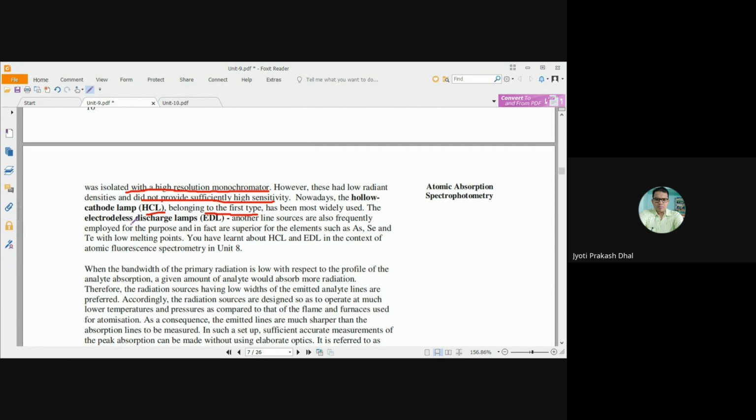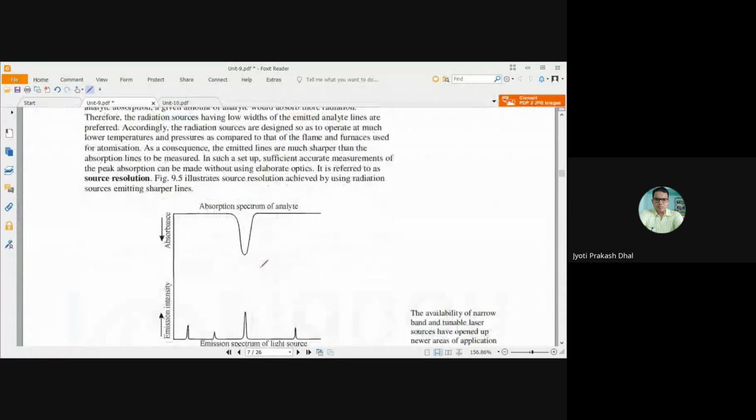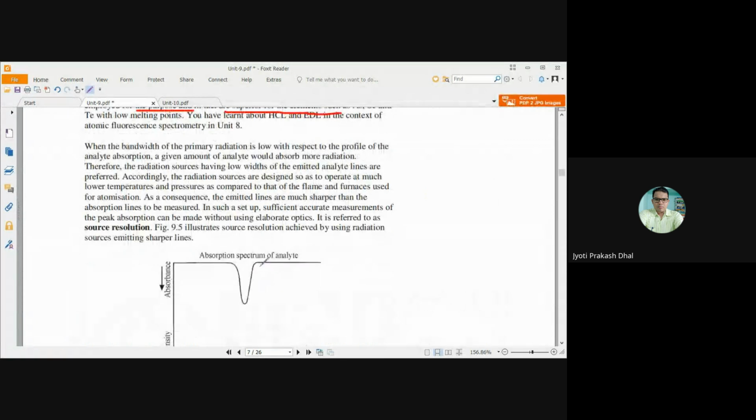The electrodeless discharge lamp, EDL, is another line source that is frequently employed for the purpose, and in fact it is superior for elements such as arsenic, selenium, tellurium, etc., at low melting point. When the bandwidth of the primary radiation is low with respect to the profile of the analyte absorption, a given amount of the analyte would absorb more radiation.